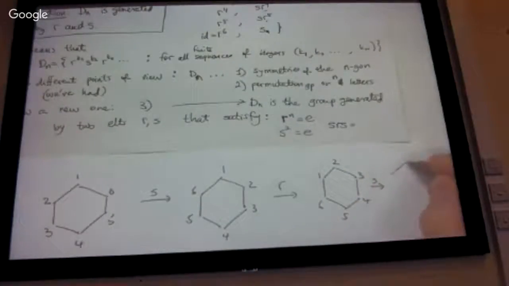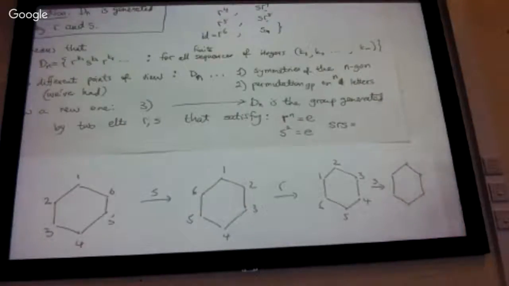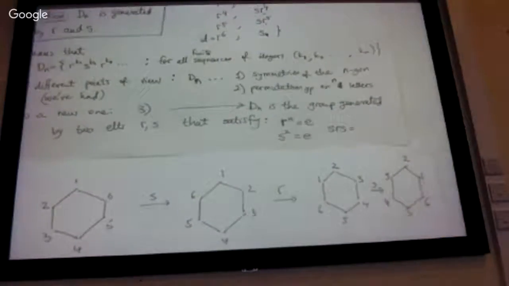Reflect. Done it. 2, 5, 3, 1, 4, 6. So that's like rotating it backwards.